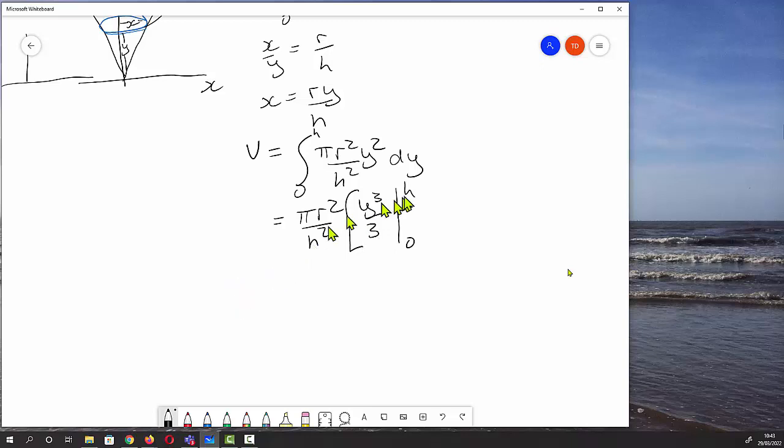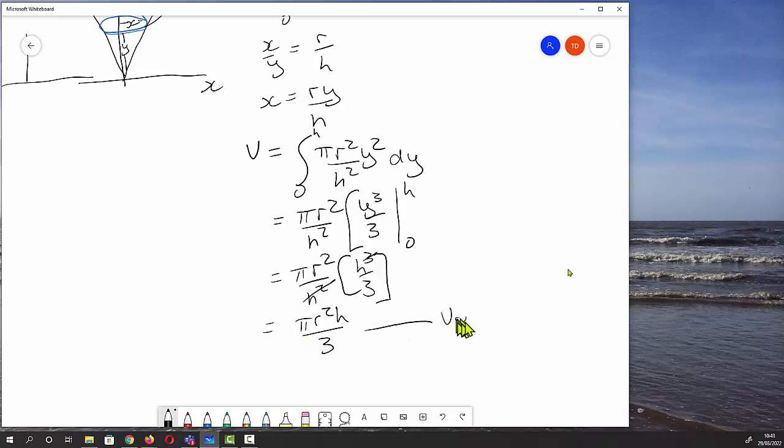So now I put the value of h in there, so that equals pi r squared over h squared times h cubed over 3. When I expand that, the h cubed and the h squared cancel, so I get pi r squared h over 3, which is the volume of a cone. That is the equation of the volume of a cone, and that's where it's come from.